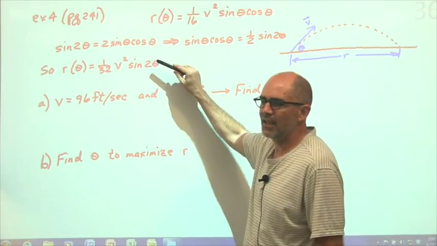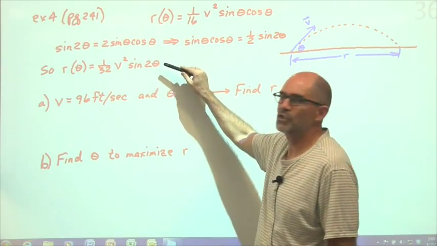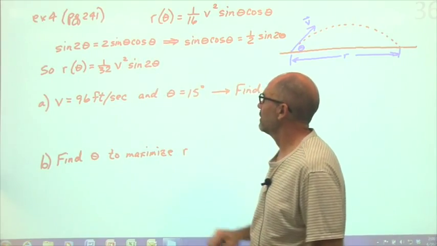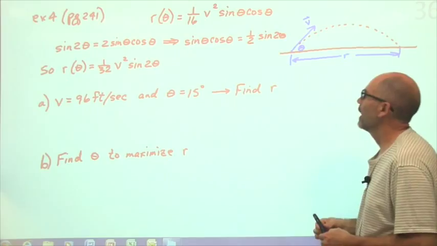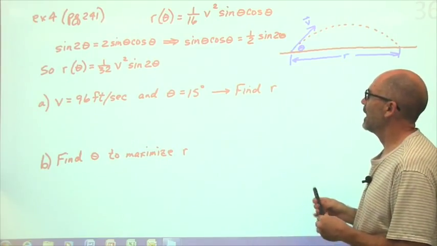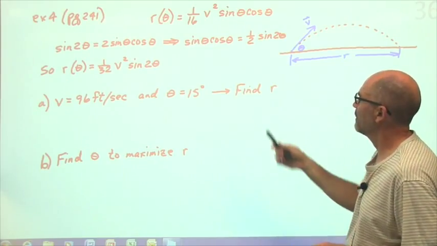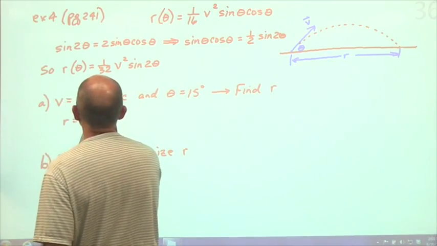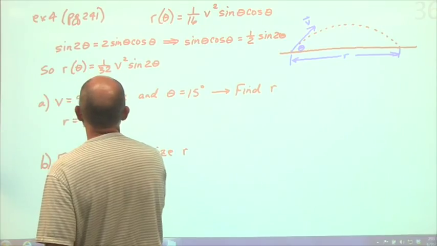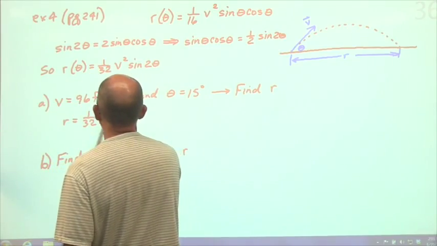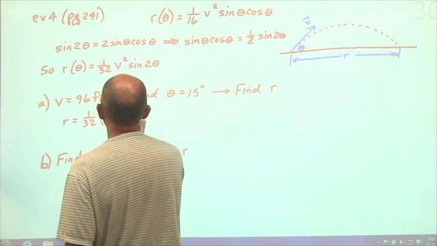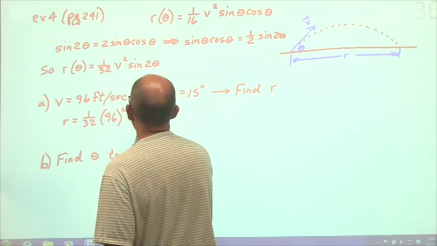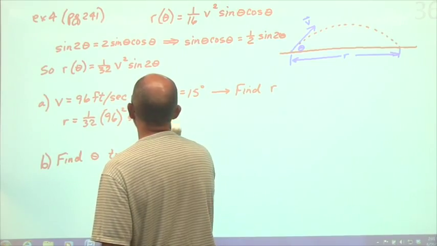Now what I accomplished is, I don't have a sine and a cosine, I just have a sine 2 theta. So if velocity is 96 feet per second, theta is 15 degrees, let's just punch that in then. So r is going to equal 1/32 times v squared, which is 96 squared, times sine of 2 theta, which is sine of 2 times 15 is 30 degrees.